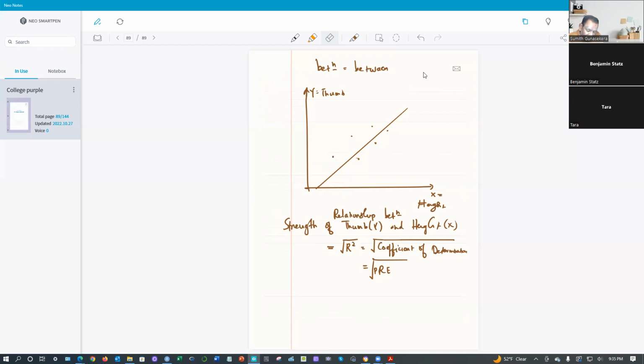Thumb and height, which is R. Sometimes we use simple R, which is called the coefficient of correlation. How do you get that one? You can use the code.